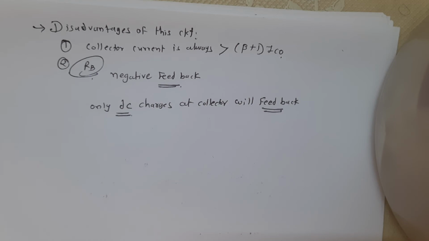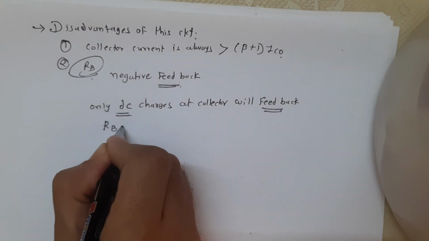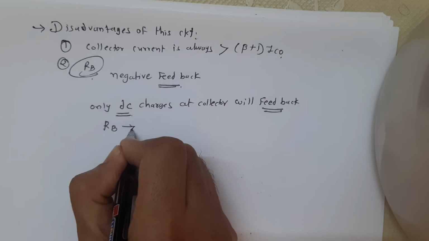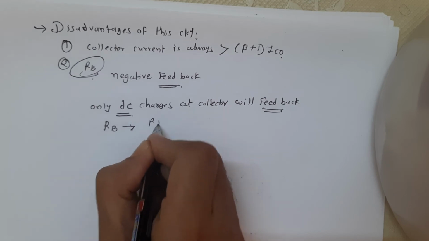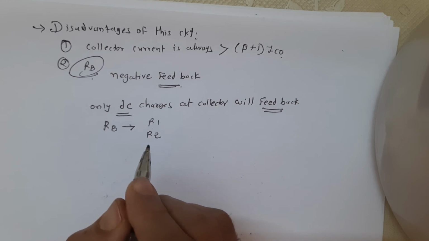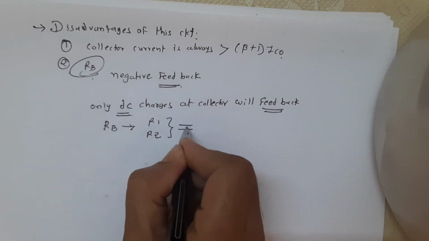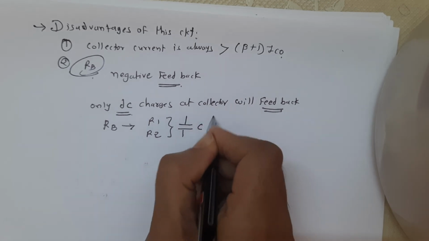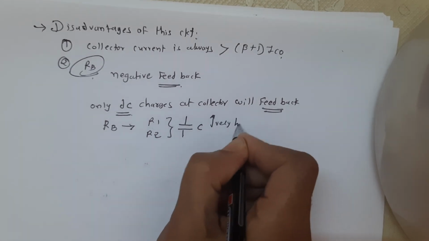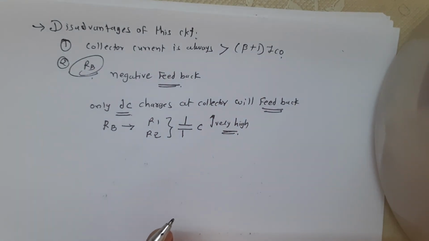This is accomplished by replacing RB by two resistors R1 and R2 and connecting a high value capacitor in between. The value of the capacitor is very high. The junction of the two resistors is connected to ground, as shown in the figure.